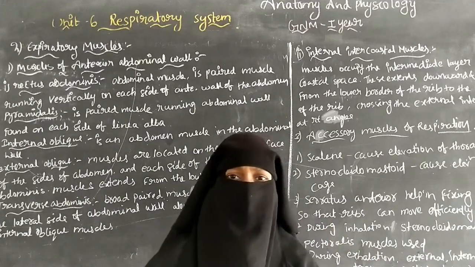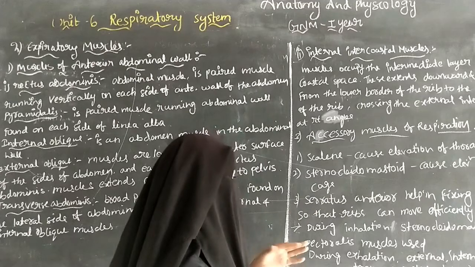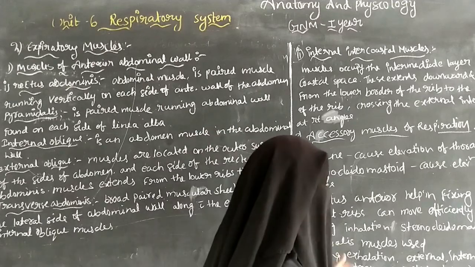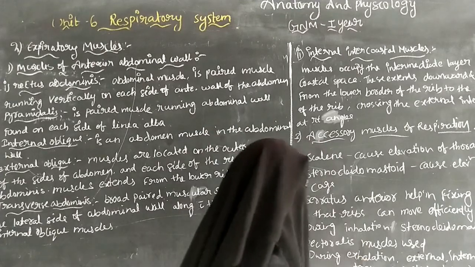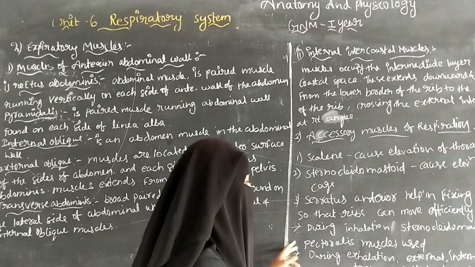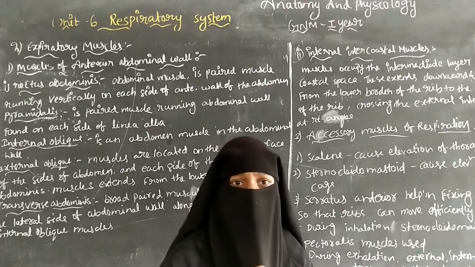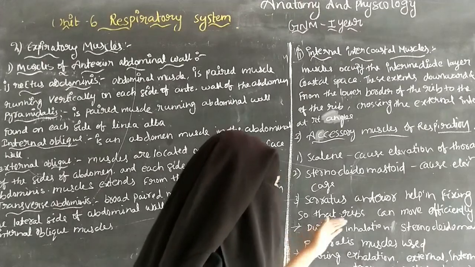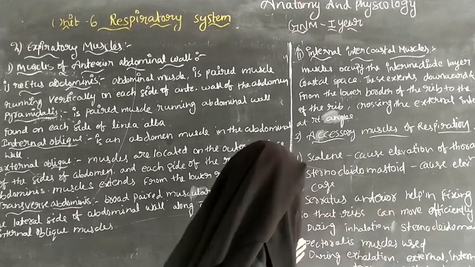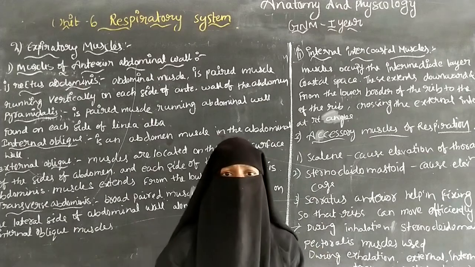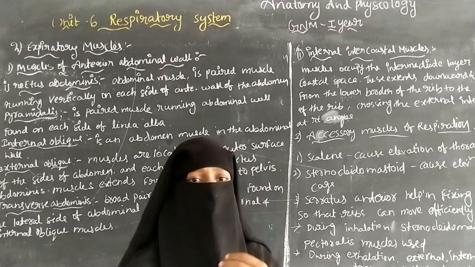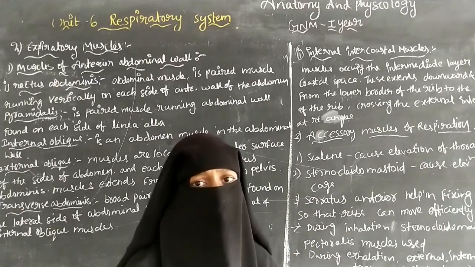Next one is during inhalation: the sternocleidomastoid, scalene and pectoralis muscles are used during the inhalation of air.